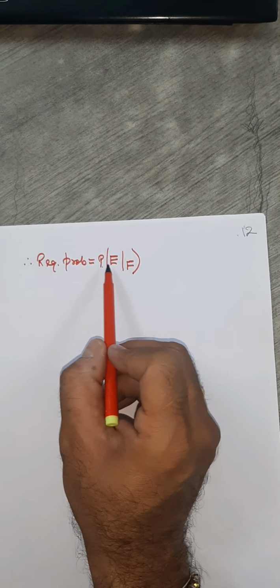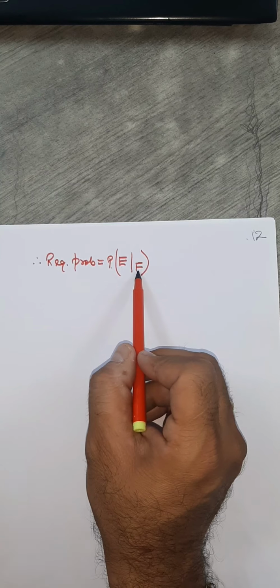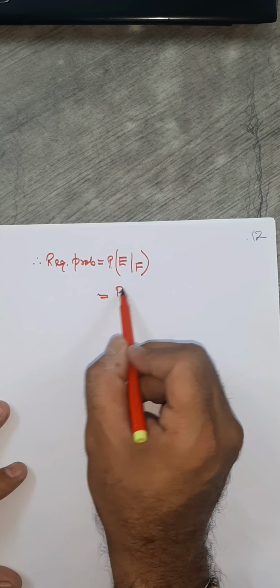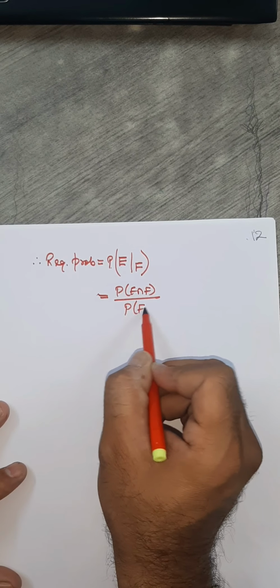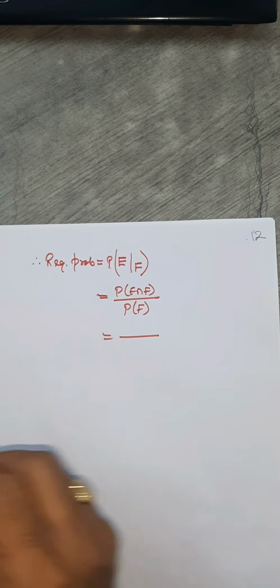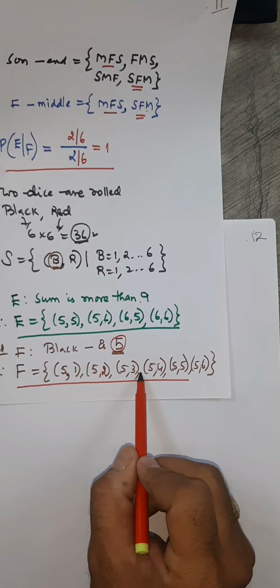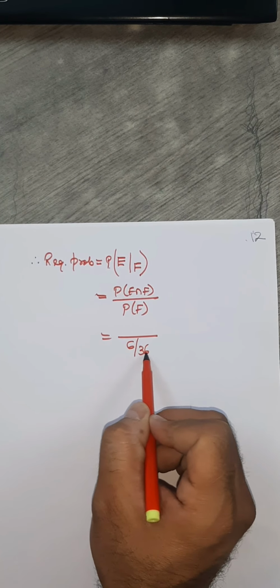The probability that the summation is more than 9 given that the black die has 5. Now use the definition: E intersection F upon probability of F. What's the probability of F? You have 6 outcomes out of a total of 36, so you can write 6 by 36.